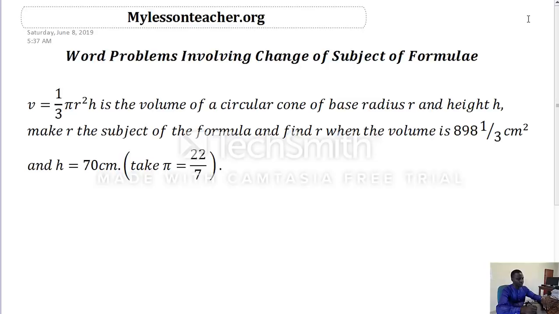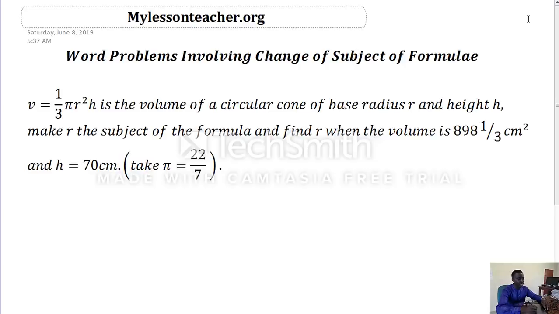The first question is stated on the board: V is equal to 1/3 pi r squared h is the volume of a circular cone of base radius r and height h.